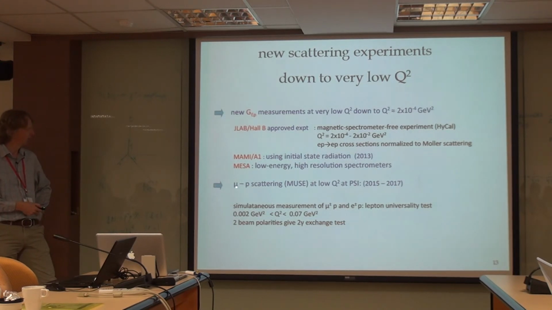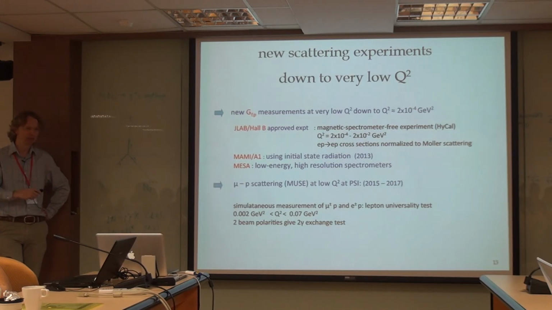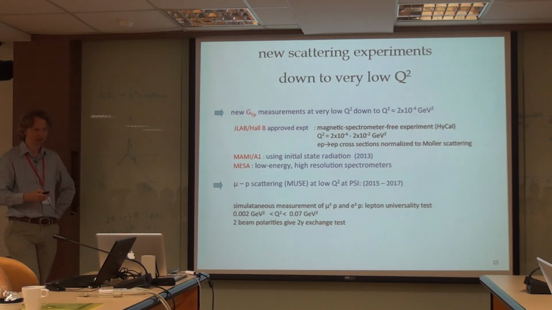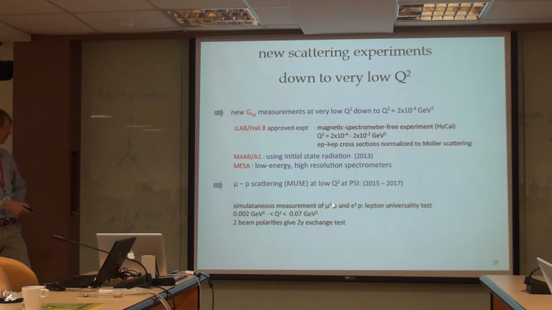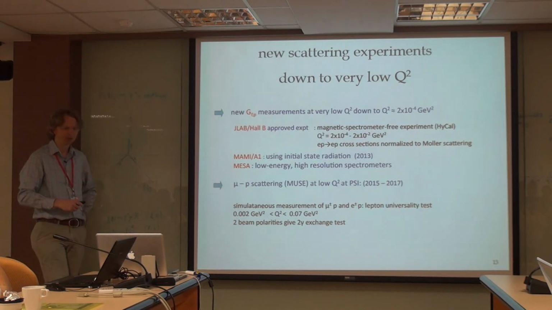If there is something special in the muonic system, one should see it both in the spectroscopy and in the scattering. So this will measure electron and positron scattering combined with mu plus and mu minus scattering on a proton.